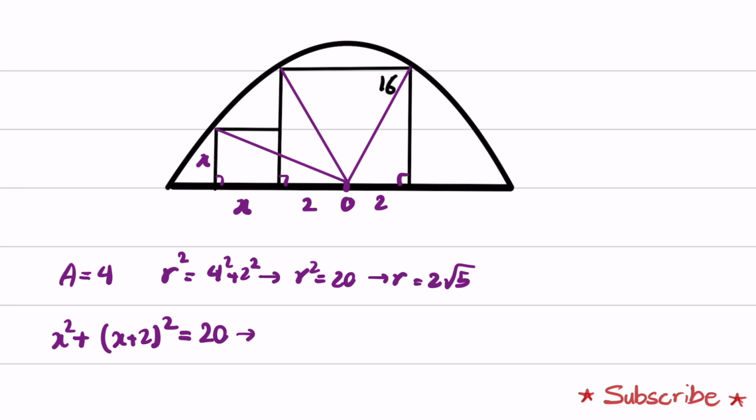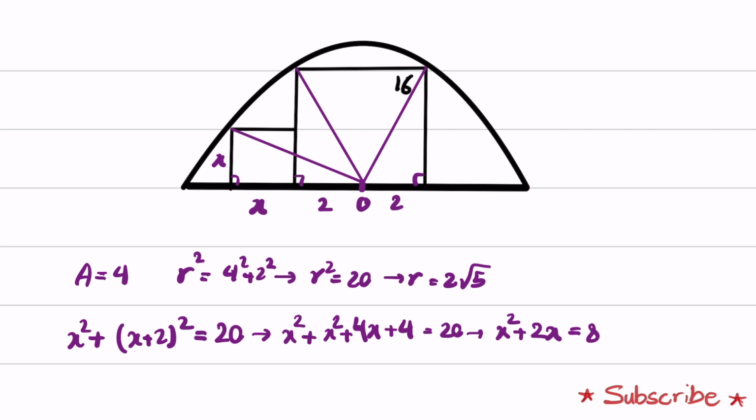And if you simplify this equation, you have x squared plus x squared plus 4x plus 4 is equal to 20. From this you have x squared plus 2x is equal to 8. What I did, I moved 4 to the right hand side and divided both sides of the equation by 2.